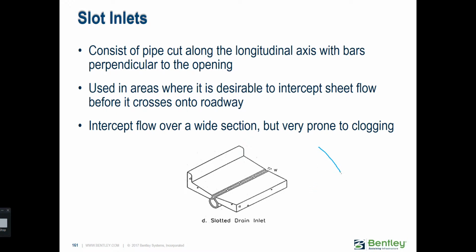So if you have a very steep road that goes like this, and maybe it's meeting another road here, you can do slot inlets like that so that you're not going to see water coming from this direction. So yeah, their advantage is to intercept flow in a wide section. But the problem is that they can clog because the entry is very narrow.